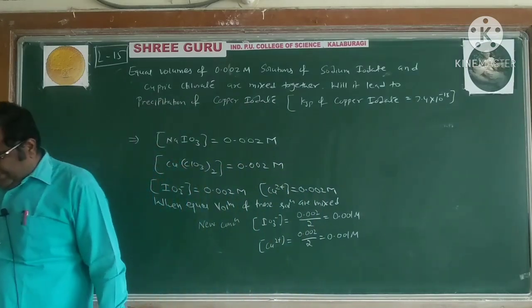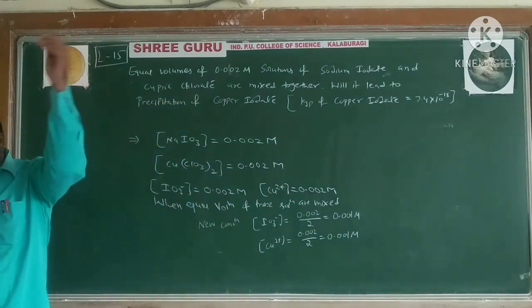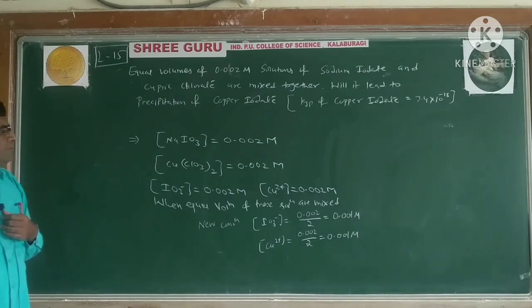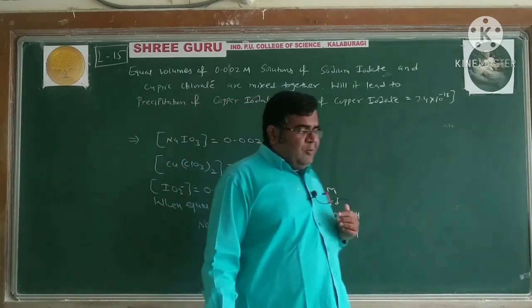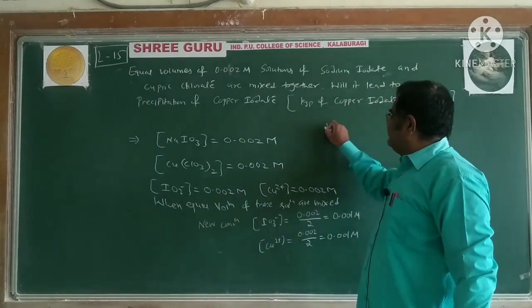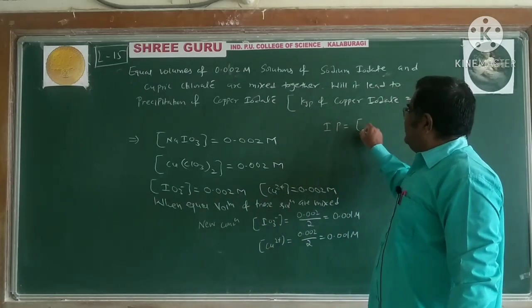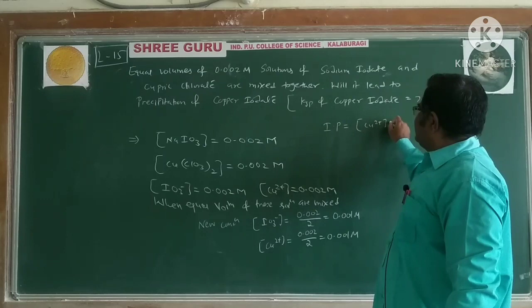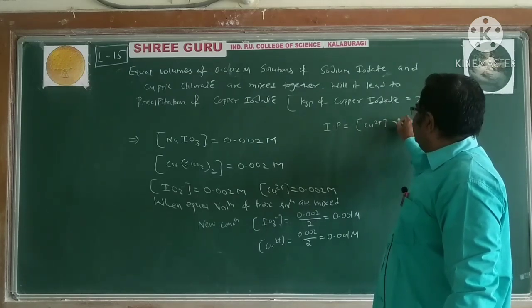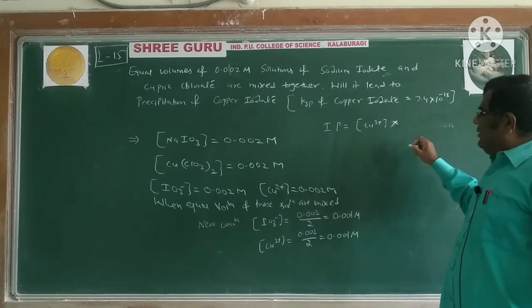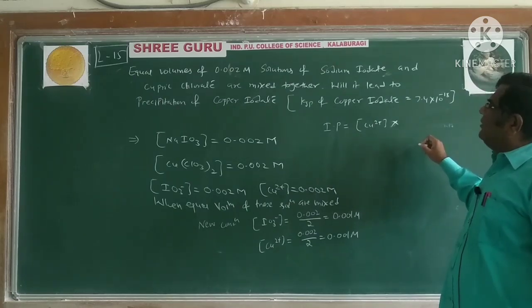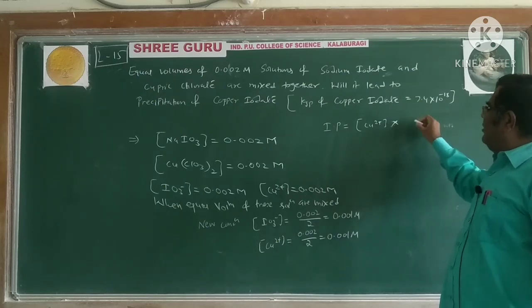Now we can calculate the ionic product of this. So ionic product is equal to molar concentration of Cu plus 2, copper iodate, and molar concentration of the iodate ion.